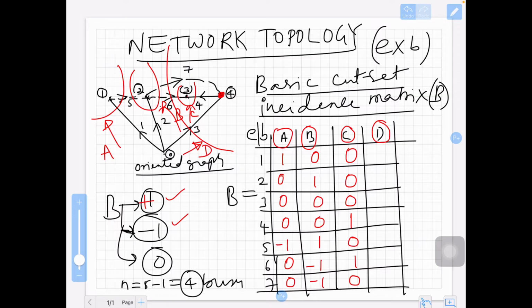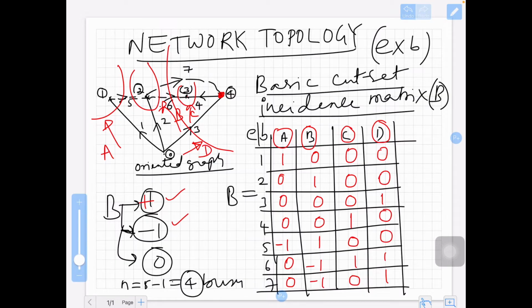So when I consider this, it involves the elements 3, 6, 7, but within that, 3 and 4 are merged. So this follows the rule that it has only one branch and any number of links. So 3, 6, 7 elements are involved in the formation of D basic cut set.